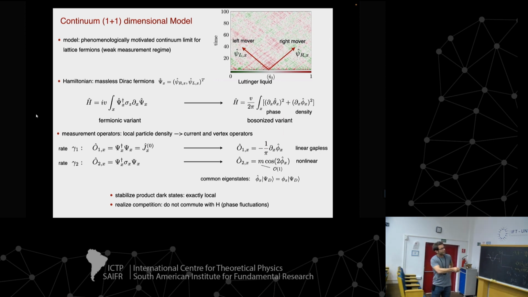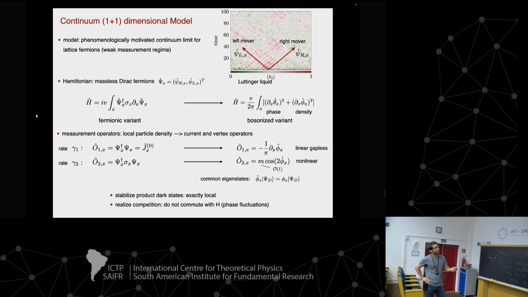Now, if we look at these operators, this phi here signals fluctuations of the density. So we see that the measurement operators, also in the bosonic language, have eigenstates of the density, and they stabilize exactly this product of density eigenstates.